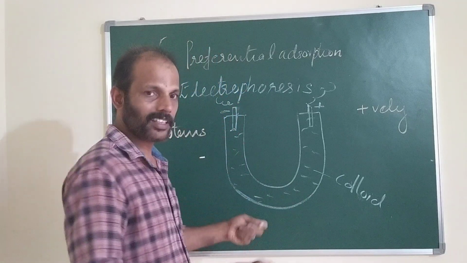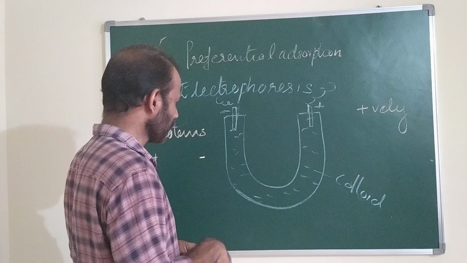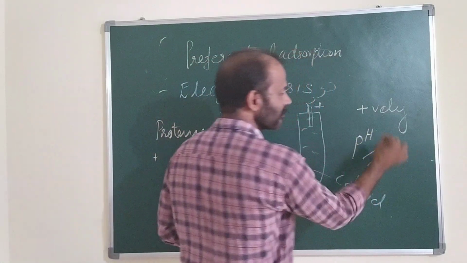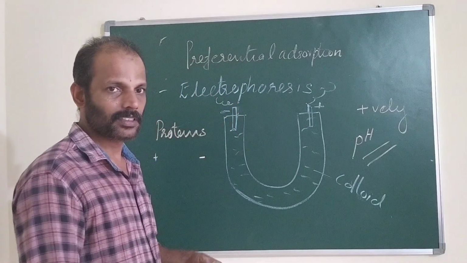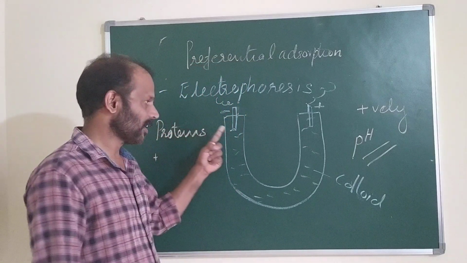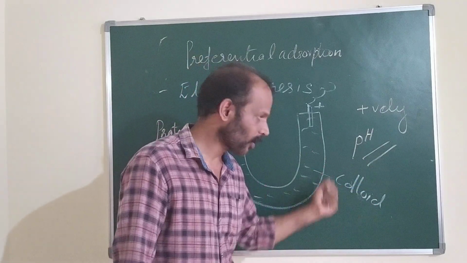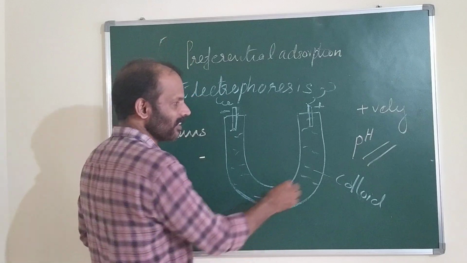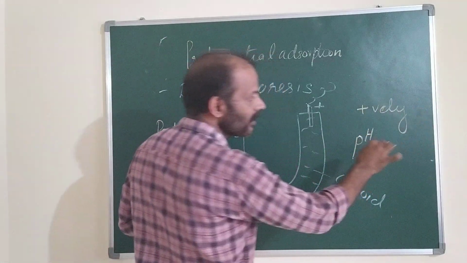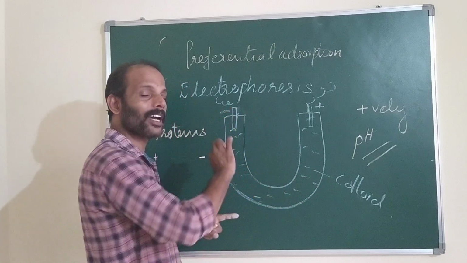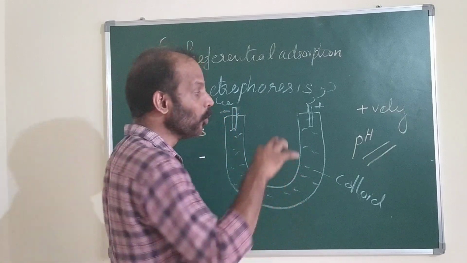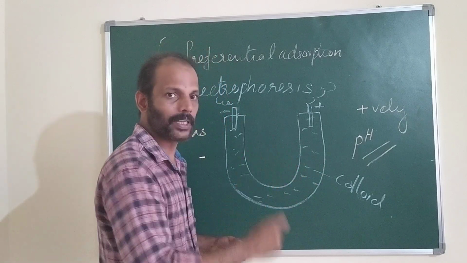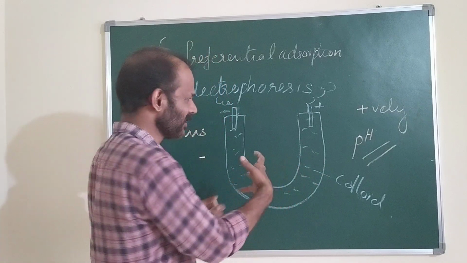Proteins contain both negative and positive ends. At a particular pH, this protein, our colloid, becomes neutral, and at that pH the colloidal particle does not move to either cathode or anode.